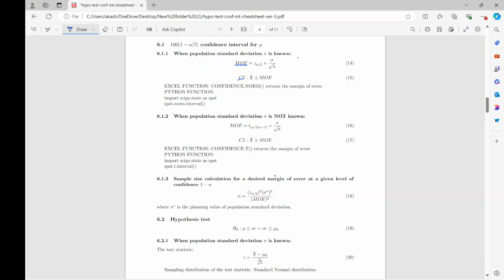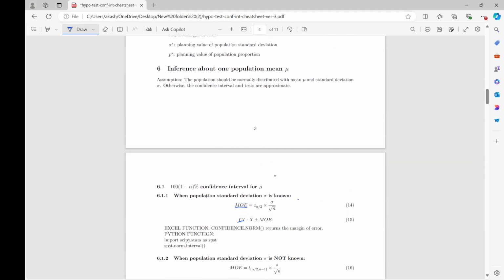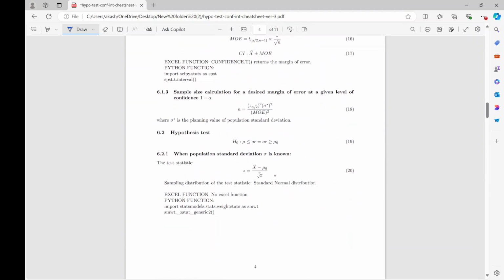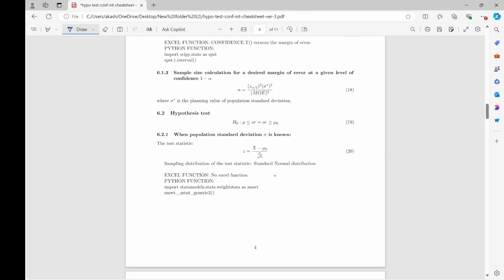After that, the same thing for hypothesis testing. At the top, you should always subtract the sample average minus the hypothesized population value.